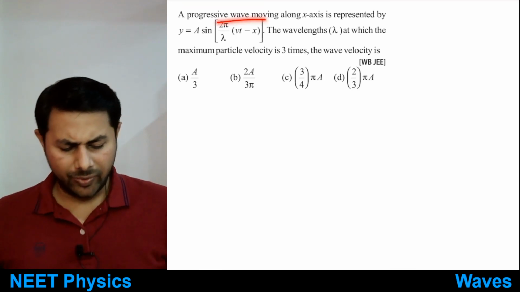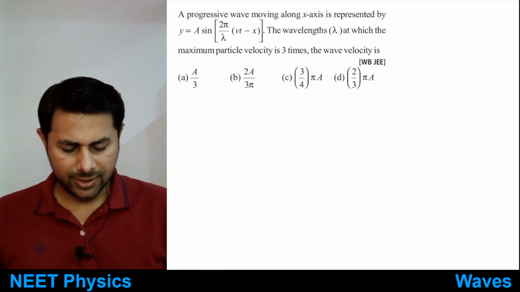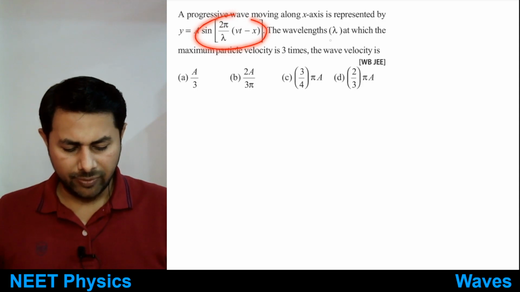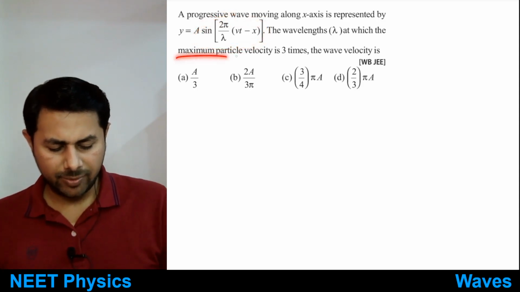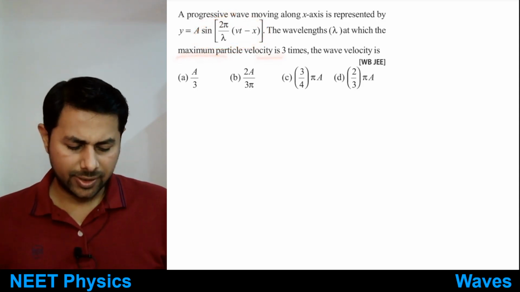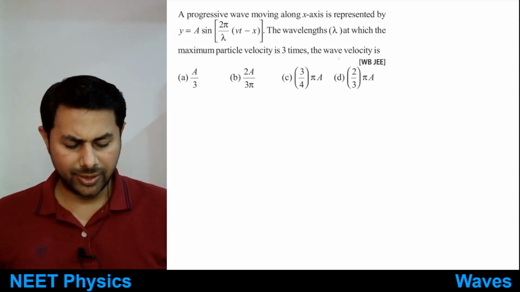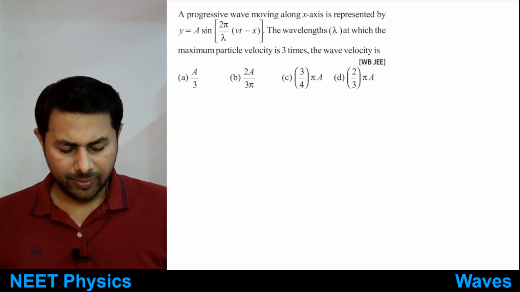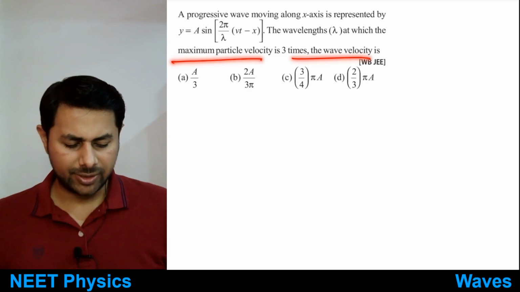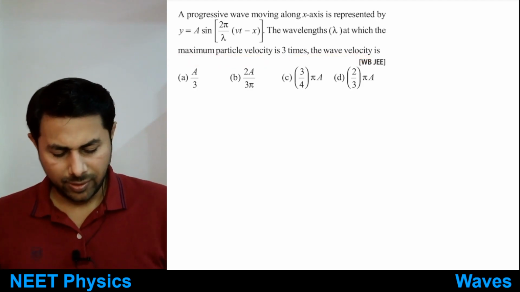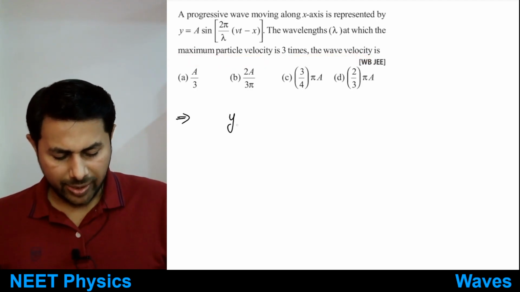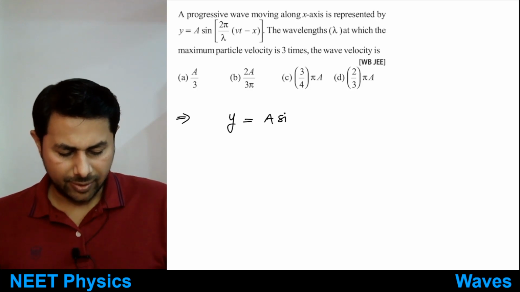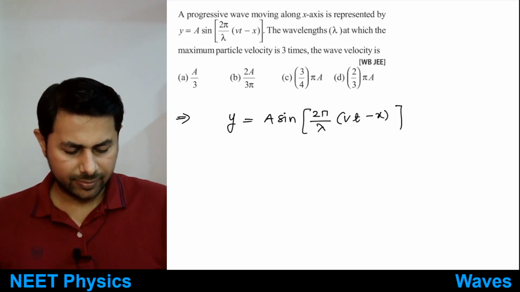A progressive wave moving along the x-axis is represented by this equation. The wavelength lambda at which the maximum particle velocity is 3 times the wave velocity. Okay, so this is a little different. The maximum particle velocity is 3 times the wave velocity. Alright, so what do we have? We have y equals a sine of 2 pi by lambda into (vt minus x).